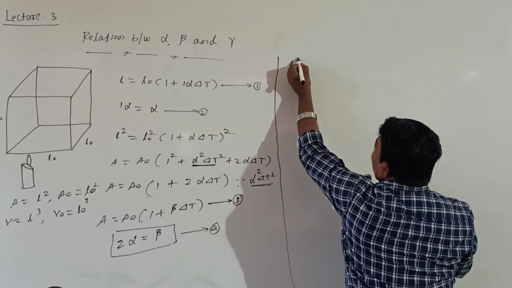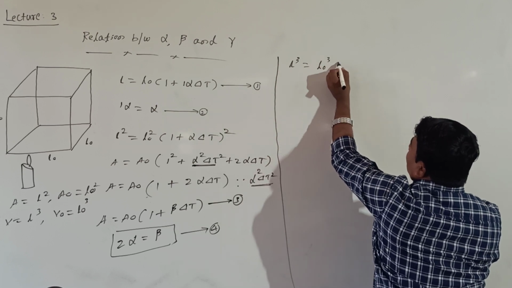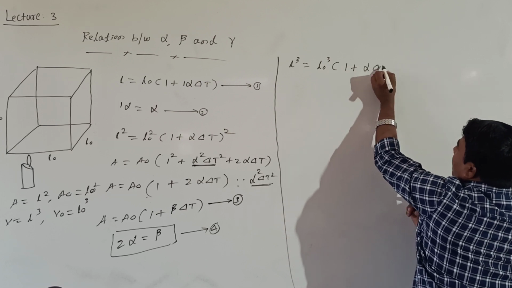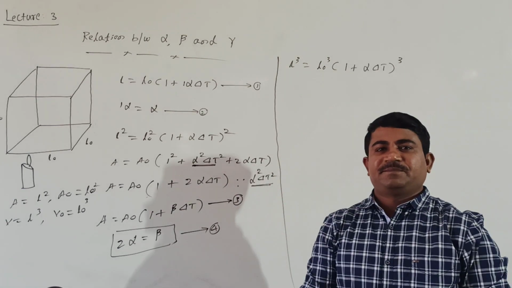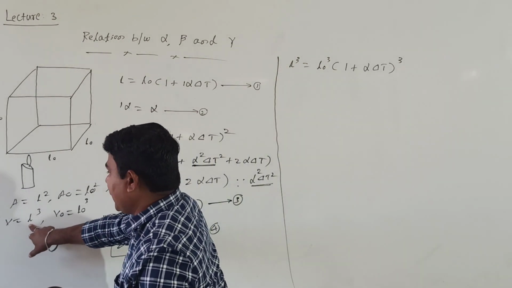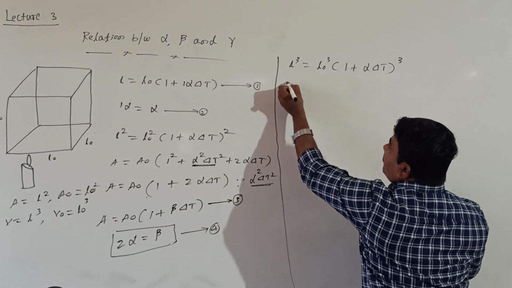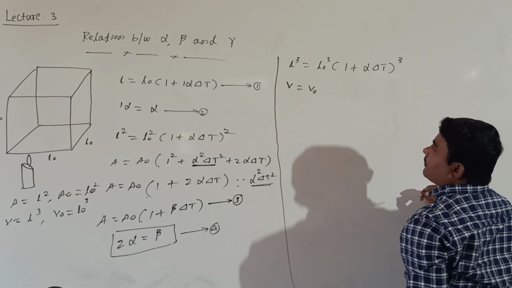L becomes L cube, L0 becomes L0 cube into bracket 1 plus alpha delta t whole cube. Right. Now V equal to L cube, V naught equal to L naught cube. Shall I take L cube replaced by V, and L naught cube replaced by V naught?